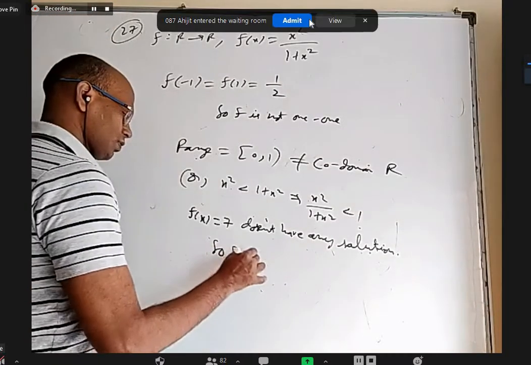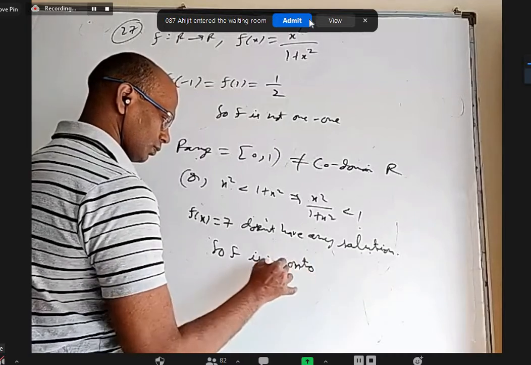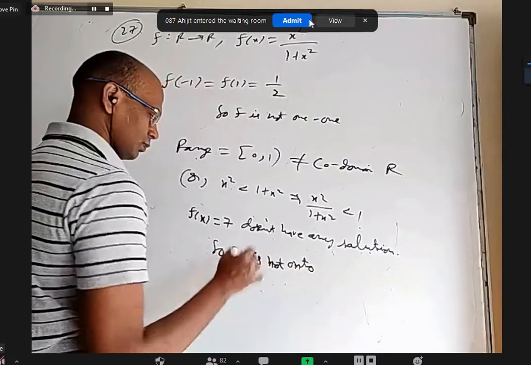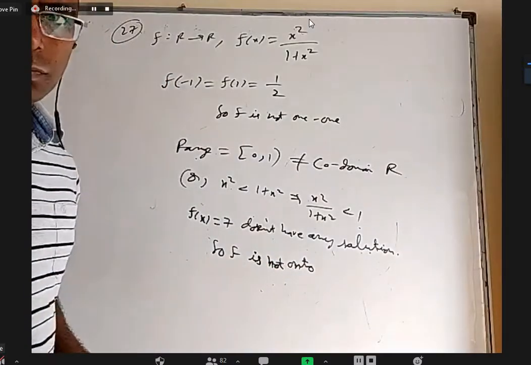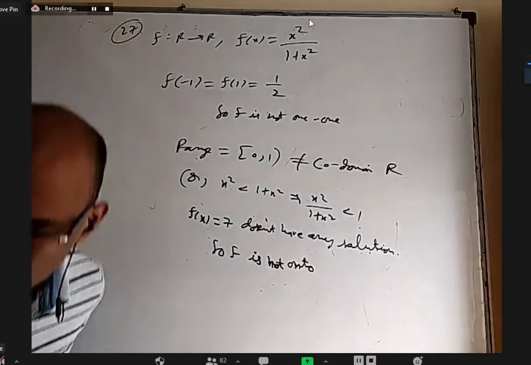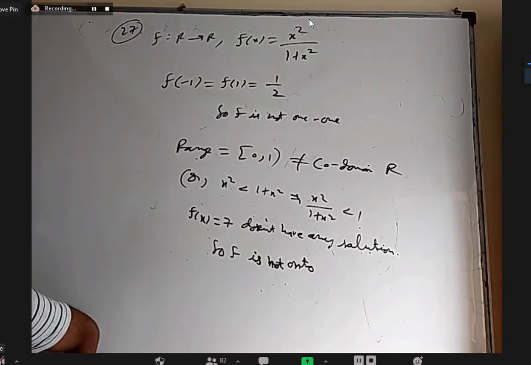So f is not onto. Those are completed. Try to think about 29.